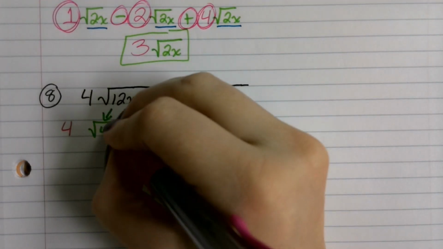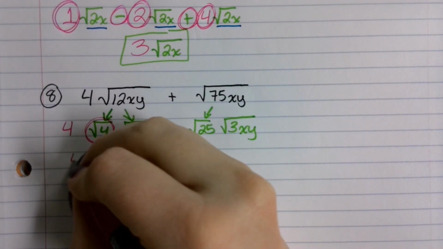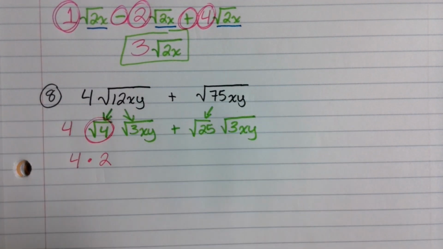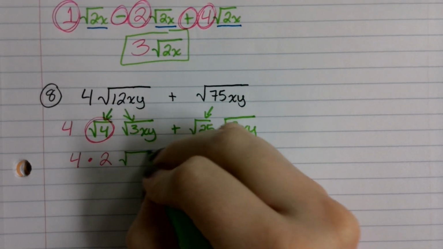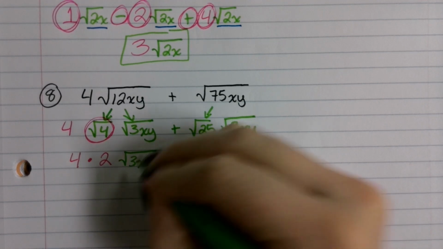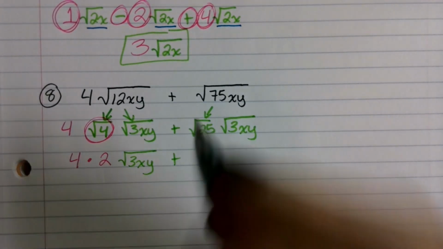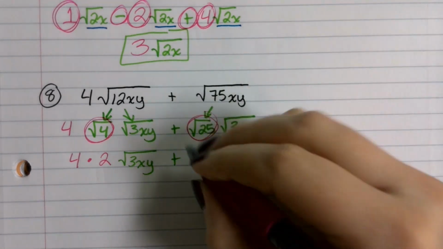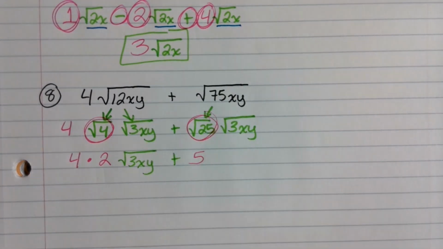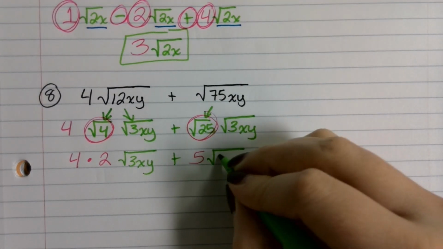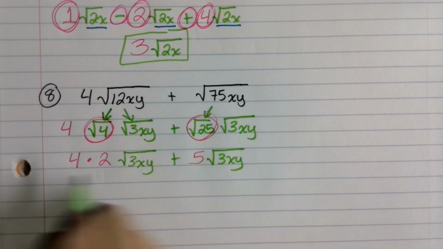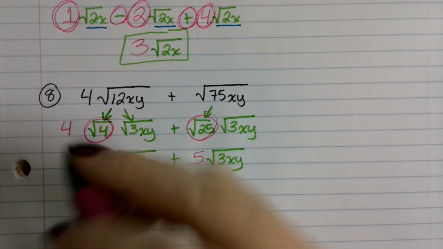Now square root of 4 is going to give me a 2, so I now have 4 times 2 square root of 3xy plus the square root of 25 is a perfect square, so that's a 5 square root of 3xy. Now 4 times 2 is going to give me 8.